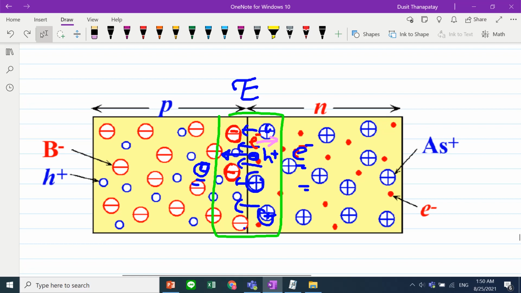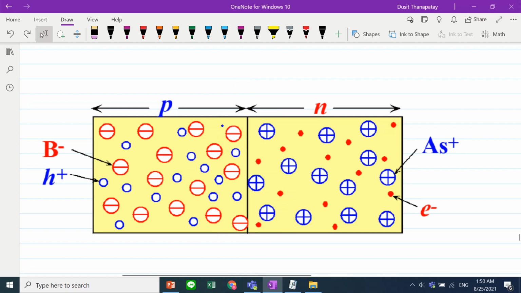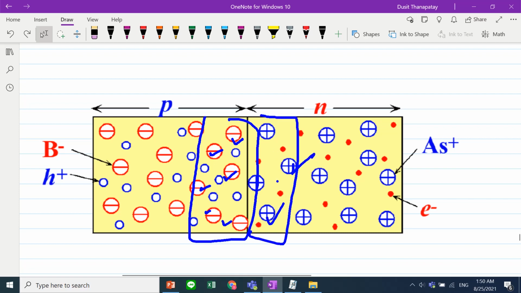At the beginning, the intensity of the electric field may not be enough to prevent all diffusion. Anyway, if some electrons diffuse in this direction, more and more electrons or holes diffuse from this region to this region. That means the number of negative ions and positive ions becomes more and more.